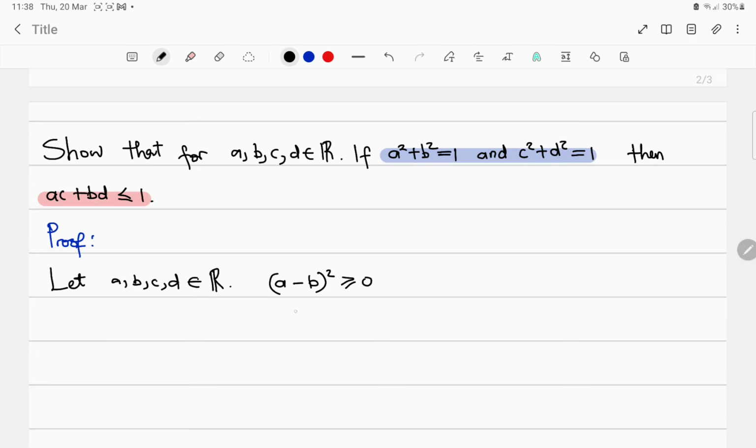And then the other part is we need a combination of C and D. So (C minus D) squared is greater than or equal to 0 as well. These are the two which we need, which give us a combination of A and B and of C and D. After expansion, for this one we get A squared minus 2AB plus B squared is greater than or equal to 0.